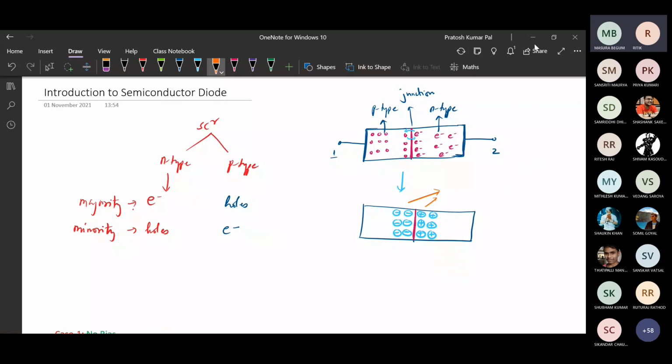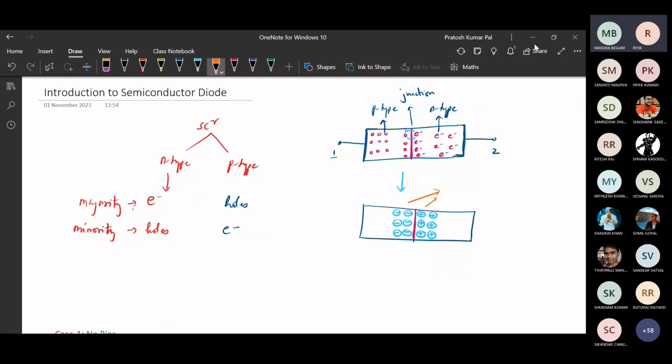As this region has no holes or electrons, which are the charge carriers, there are no carriers that can flow to constitute a current. This region is depleted of charge carriers, and that's why it is called the depletion region.